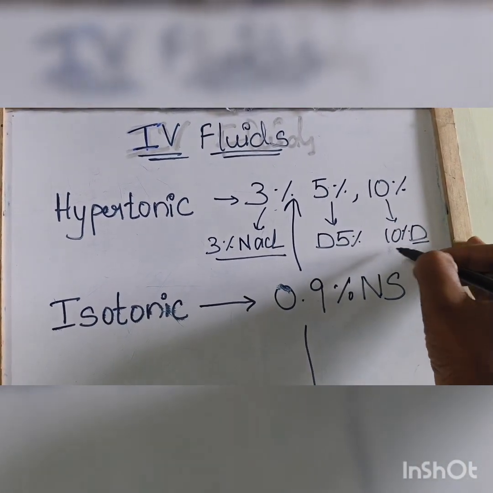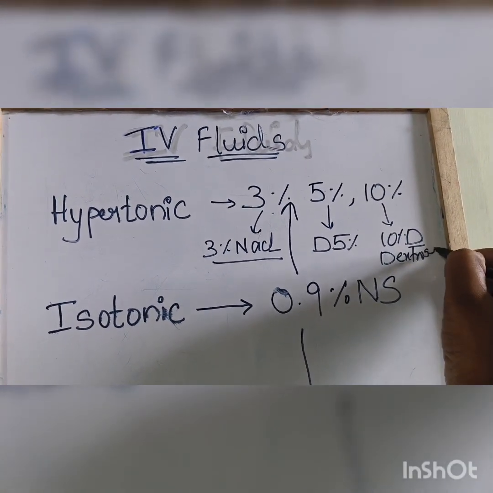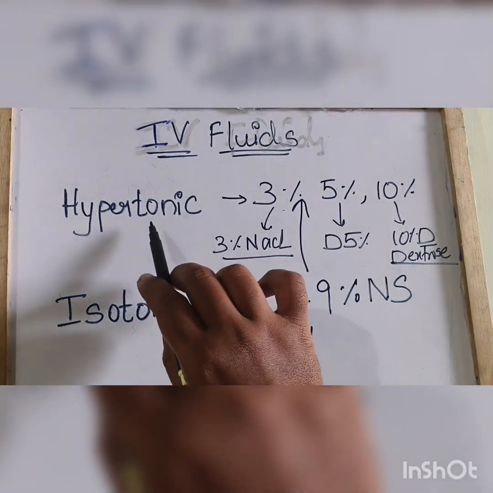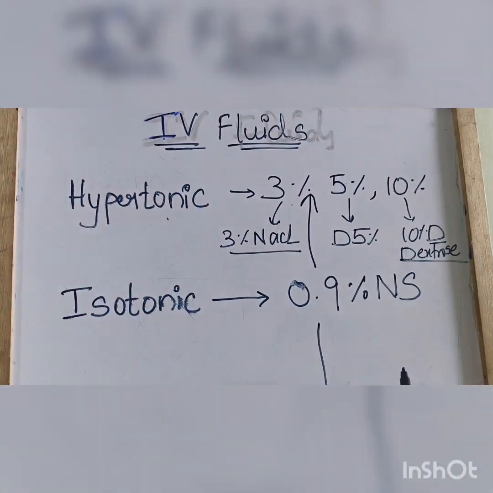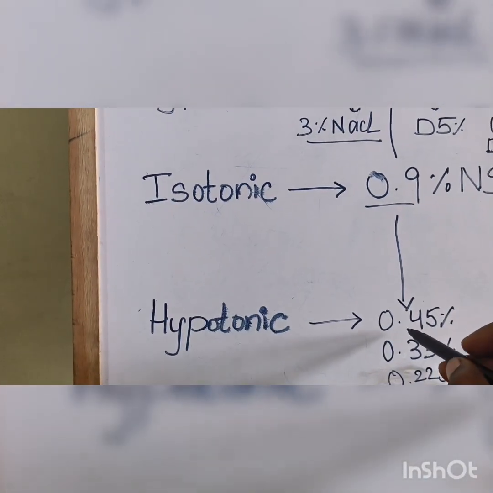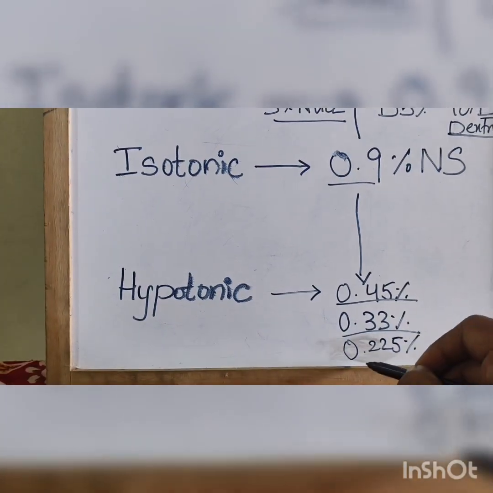These are the examples for hypertonic. DNS also comes under hypertonic. RL comes under isotonic. So isotonic is 0.9% NS and RL, and hypotonic is 0.45, 0.33, 0.225.